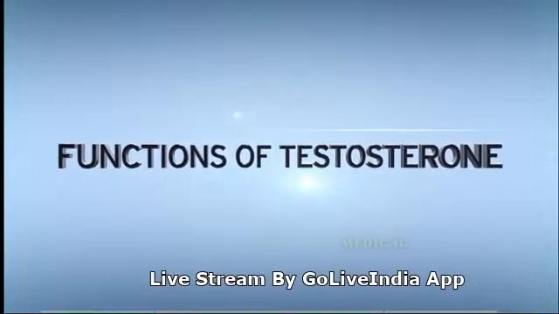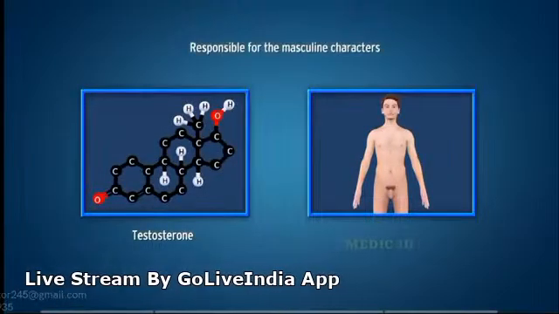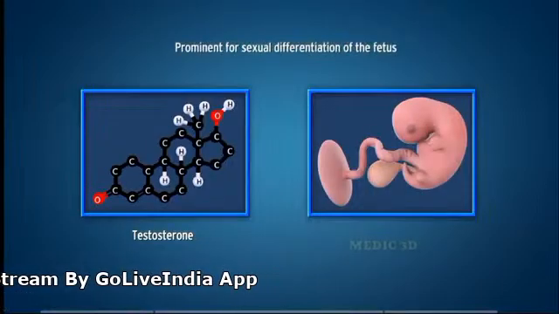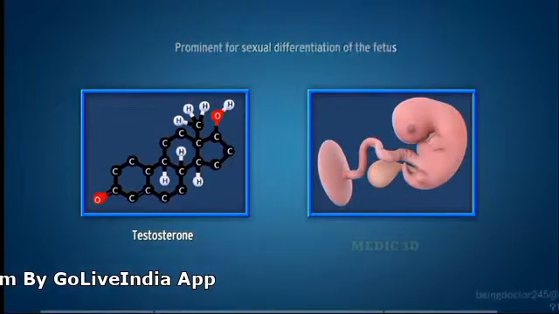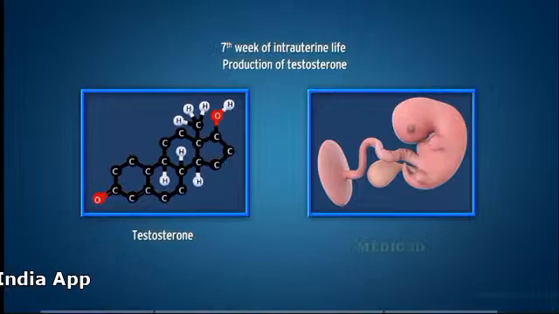Functions of testosterone. Testosterone is mainly responsible for the masculine characters. In fetal life, it is prominent for sexual differentiation of the fetus. During the 7th week of intrauterine life, there is production of testosterone.